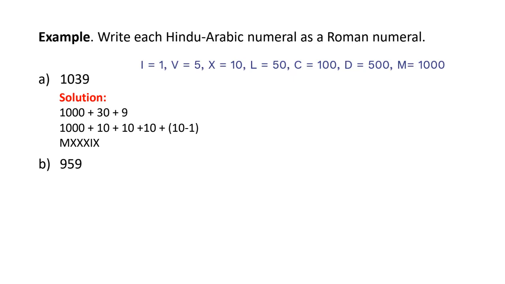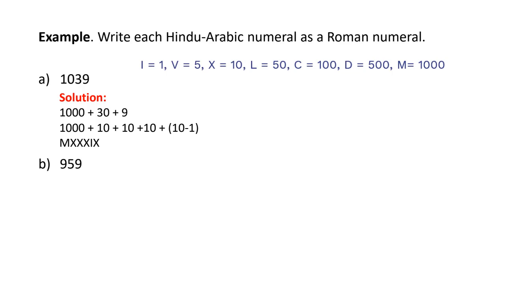And we know that if X is 10, I could repeat it 3 times. Now, that's actually a rule. You can only repeat a symbol 3 times. And you can only repeat certain symbols. For example, you can only repeat the I, the X, the C, and the M. The other ones are not allowed to be repeated. So we can only repeat those ones.